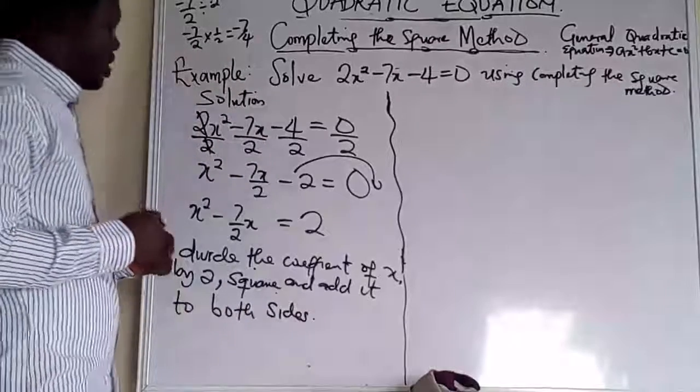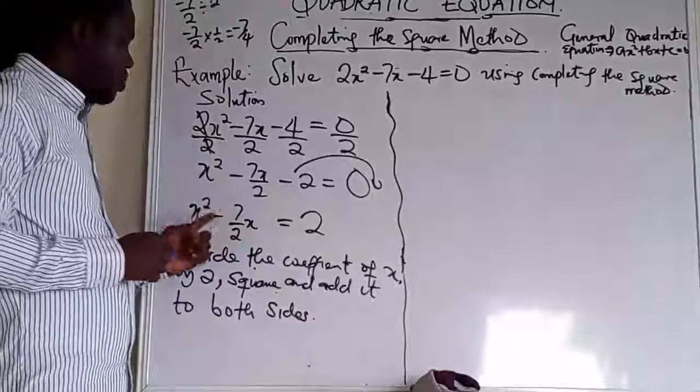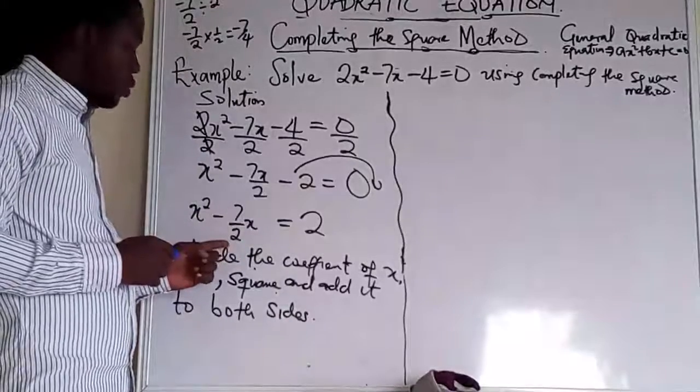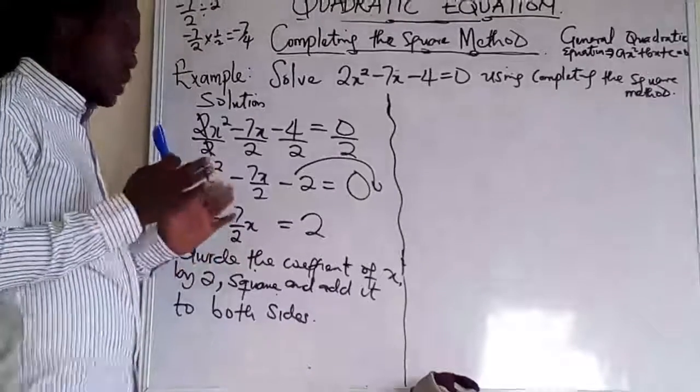The coefficient of x, which is minus 7 over 2, when you divide it by 2, whatever answer you get, you square it and add it to both sides.